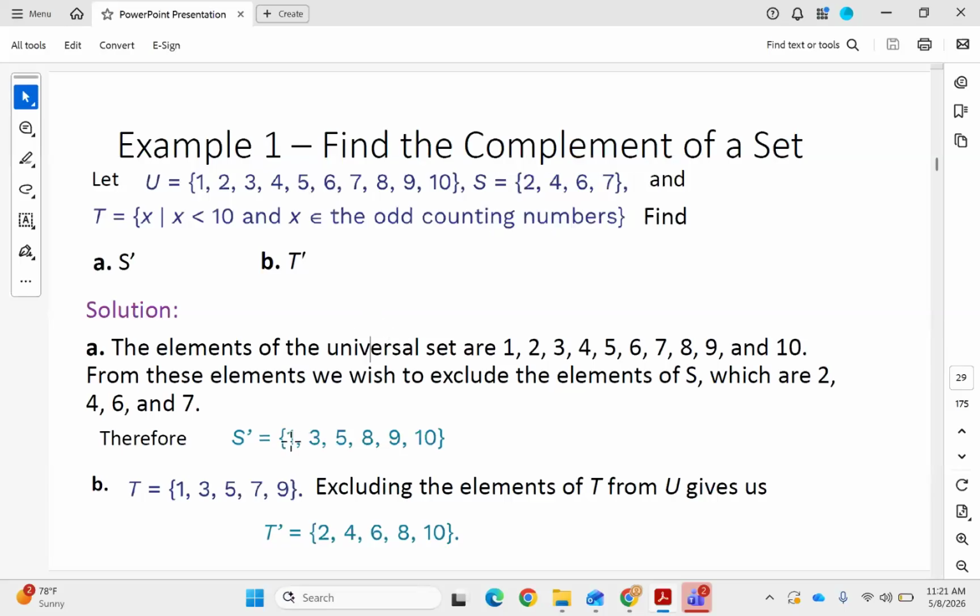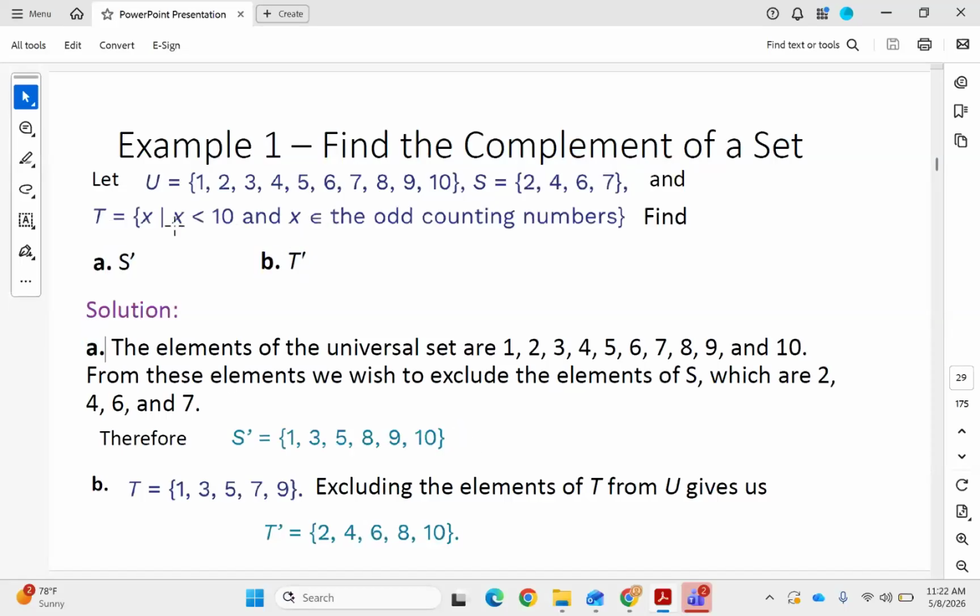So 1 would be part of the complement. 3 would be part of the complement because it's not in S. 5 would be part of the complement. 8, 9, and 10. So a simple way to check your answer would be that if you add the complement plus the original S, it has to give you the entire universe. In other words, if you add up all of the elements, it has to give you the total number of elements. That's a simple way of checking if your answer is correct.